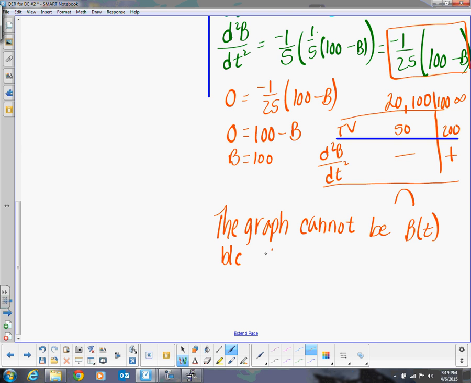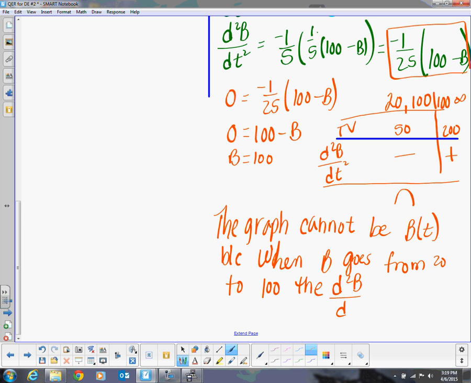Okay, because when b goes from 20 to 100, the d2b over dt2 is less than 0, meaning b of t is concave down. All right? That's what we found using calculus.